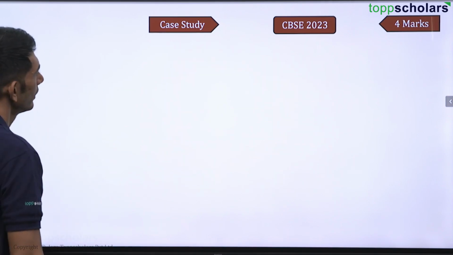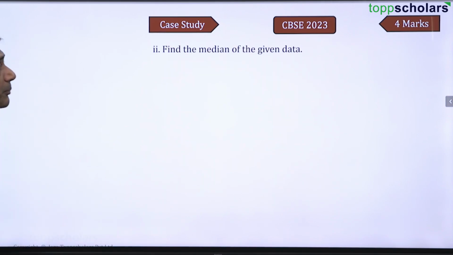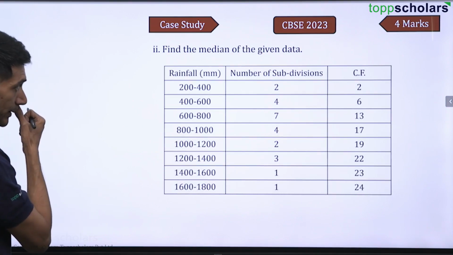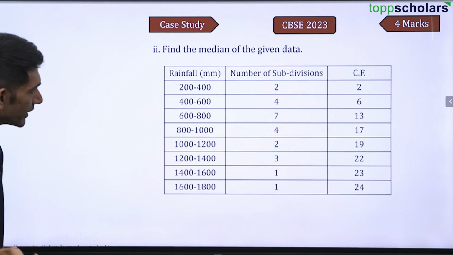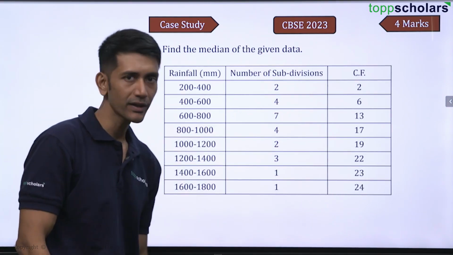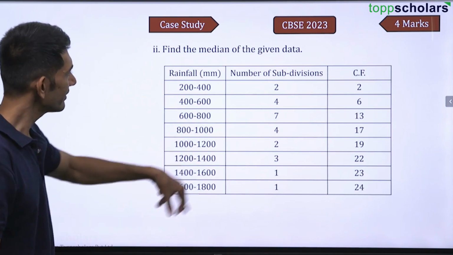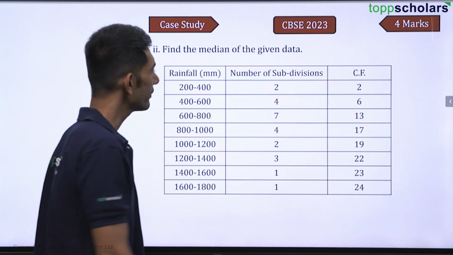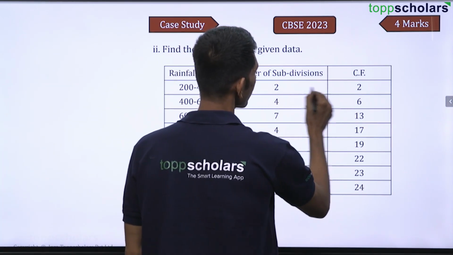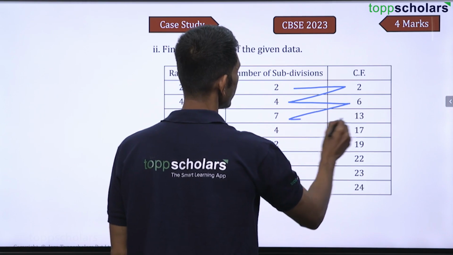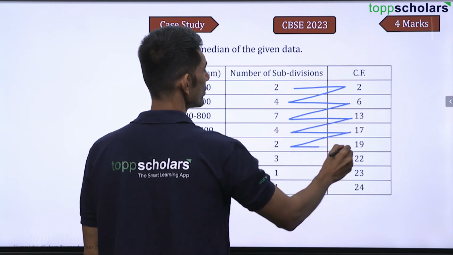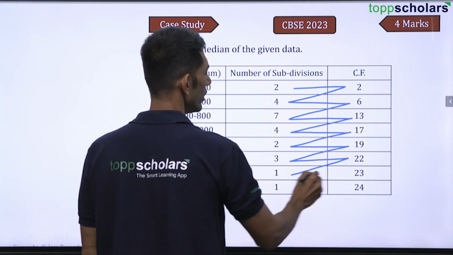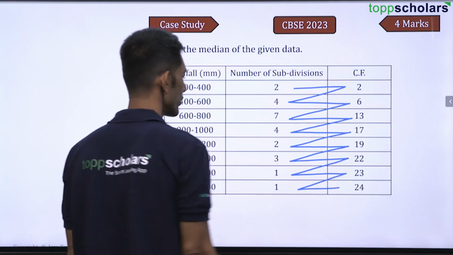Correct? Okay. The second question is find the median of the given data. Now we know that to find the median of the data, all we need is cumulative frequency. This and this as it is we have copied. Now to find out the CF, firstly 2 remains as it is. 2 plus 4 is 6, plus 7 is 13, plus 4 is 17, plus 2 is 19, 19 plus 3 is 22, 22 plus 1 is 23, 23 plus 1 is 24.